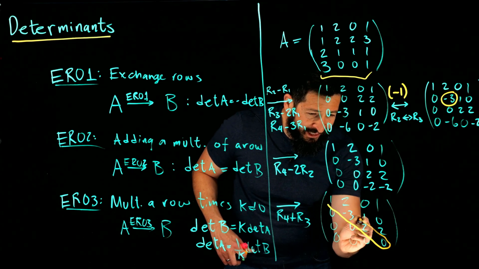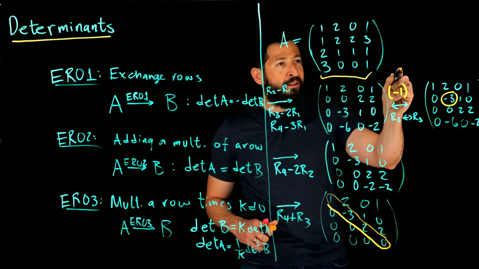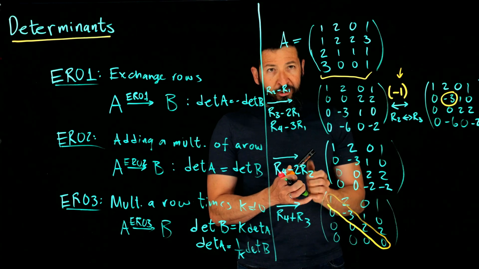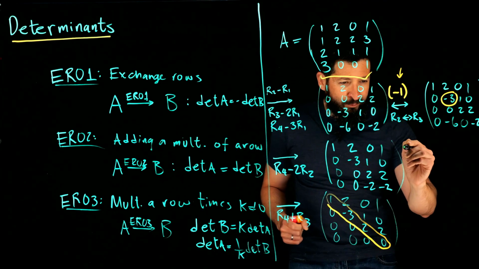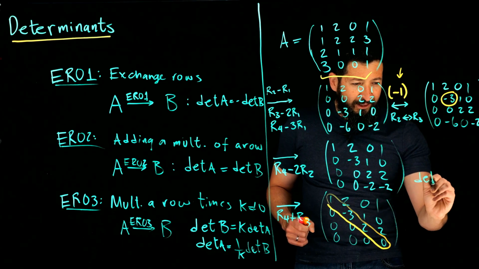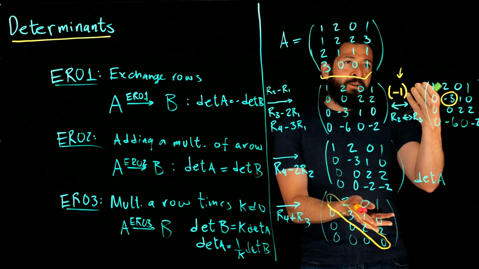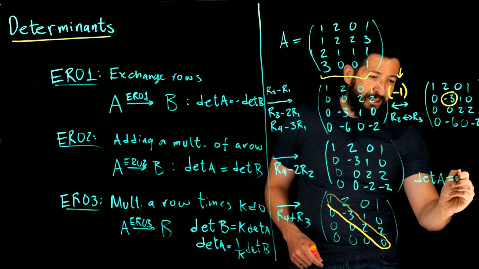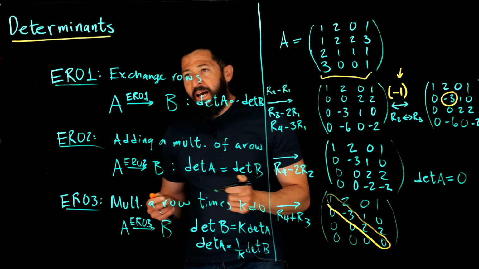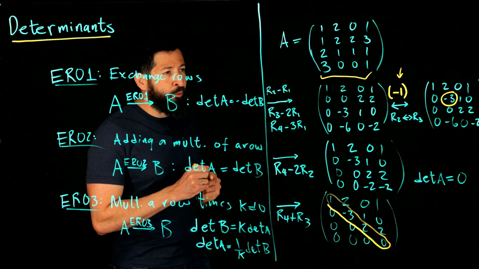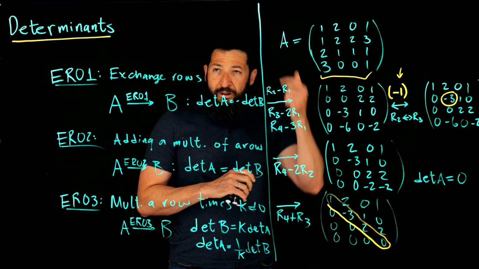Because I did have a -1 going along for the ride here. So the determinant of A from all this would be the determinant of this matrix, which is 0, times -1. Well, still 0. And that is how you use elementary row operations to compute the determinant.